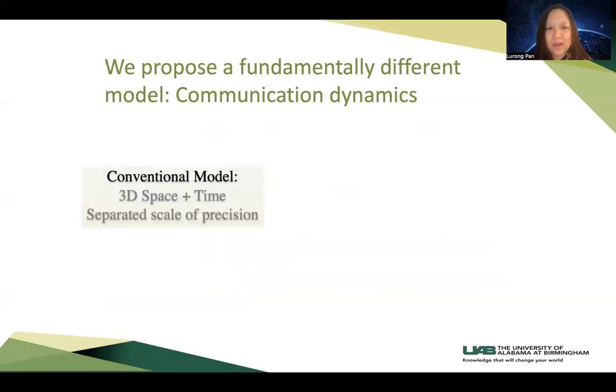So here's the thing. For all the conventional models, they always use a 3D space plus time type of description, separated into different scales of precision. For example, when we calculate electrons, we use a 3D probability distribution function plus time.